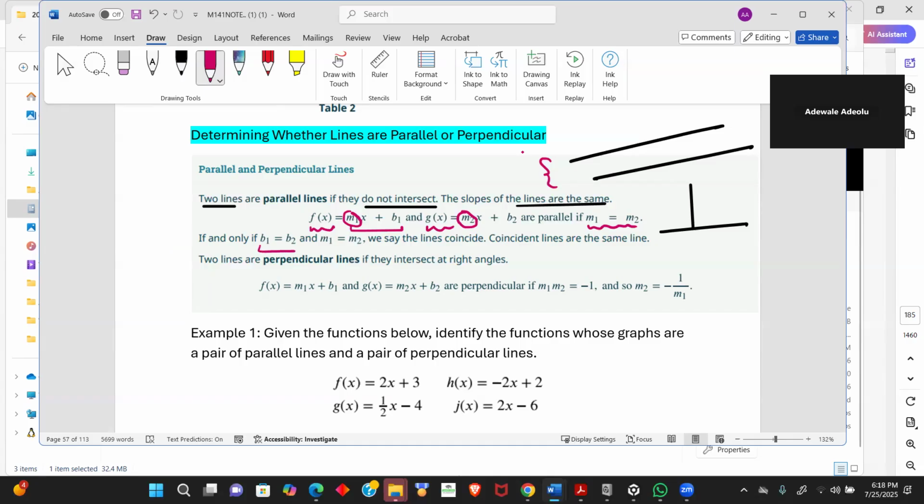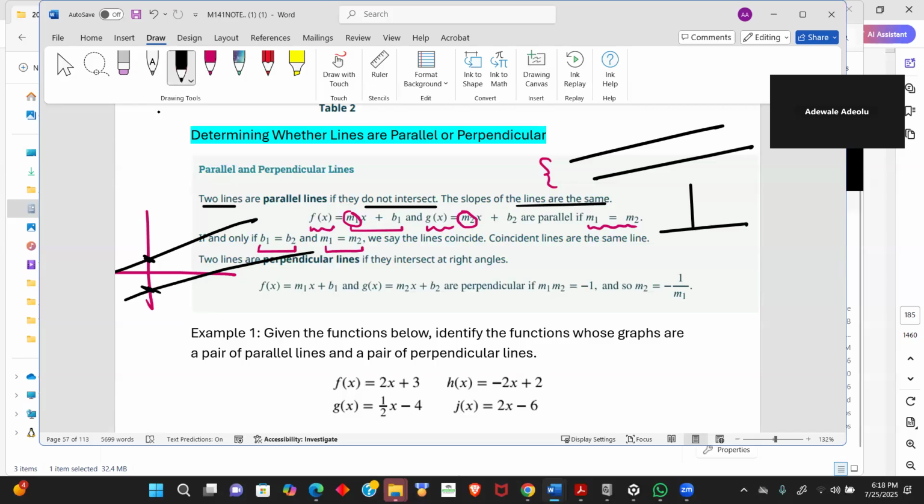If their intercepts are the same and the slopes are the same, we say they coincide. What does that mean? If the slopes are the same only and they have different intercepts, we say they're parallel, right? Look at this. This is a line, this is another line. They have different y-intercepts.